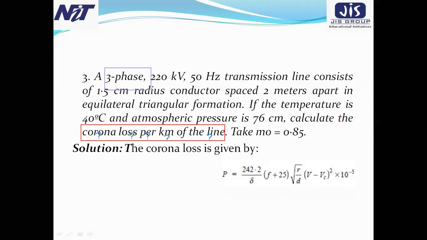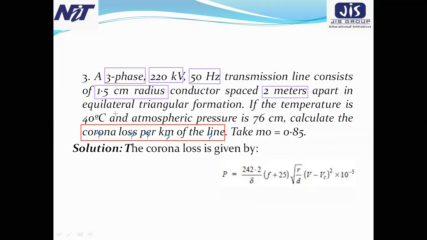One is 3-phase, second is 220 kV, third is 50 hertz. The transmission line consists of conductors of 1.5 centimeter radius. So here radius R is given. Conductors are spaced 2 meters apart. So we need to convert either to meter or centimeter. If we convert 1.5 centimeter to meter, then it will be in meter, but if we convert it in centimeter, it means centimeter.